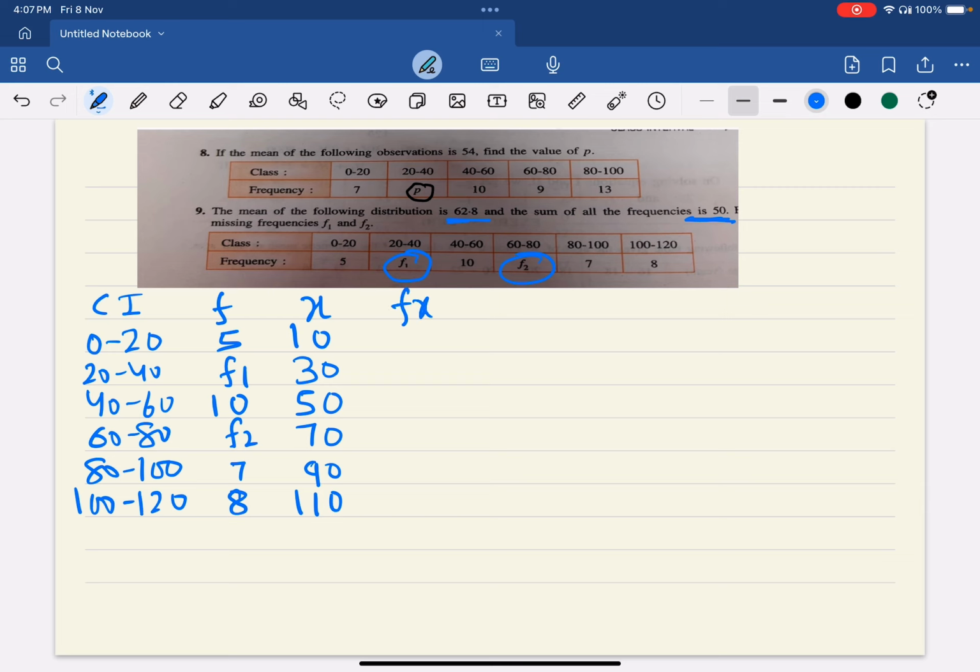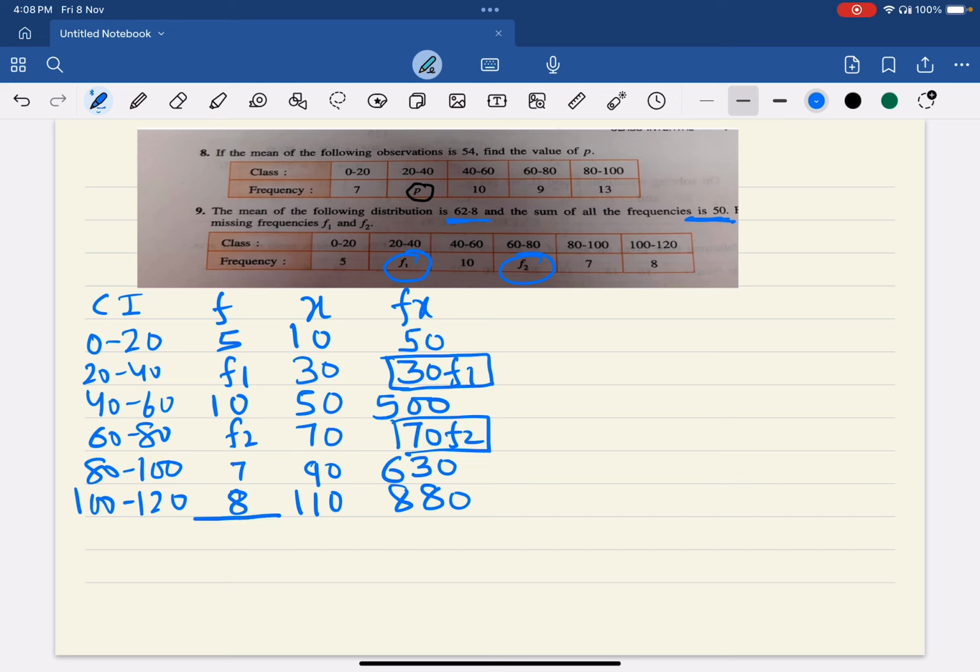So, for finding fx, 5 times 10 is 50, 30 F1, put it inside a block for you to remember that this 30 number is not to be added. Then do 70 F2, again put it inside a rectangular block. Then we have 630 and 880.